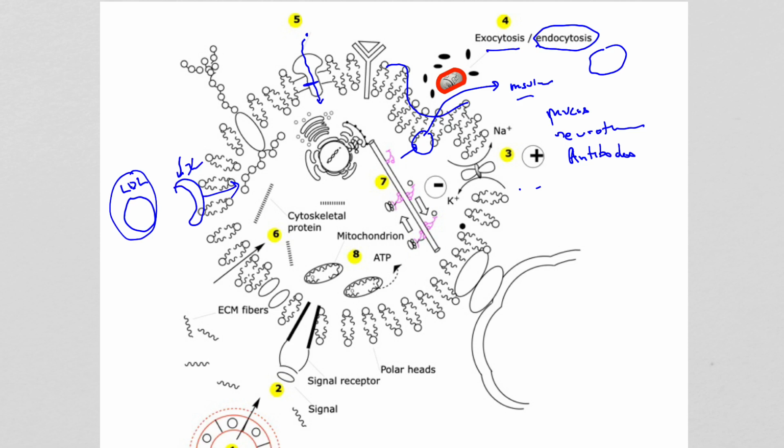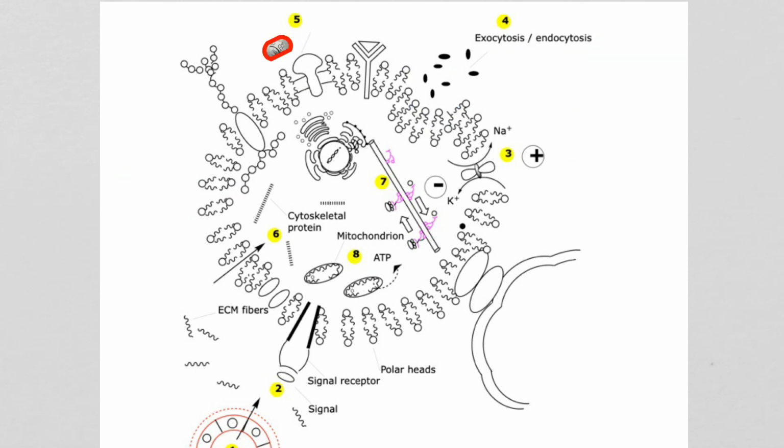Okay, so a lot of transport, endocytosis, exocytosis, and pumps always means they need energy, and then there is transport of small molecules, small chemicals, and so on. There are many proteins on the plasma membrane.